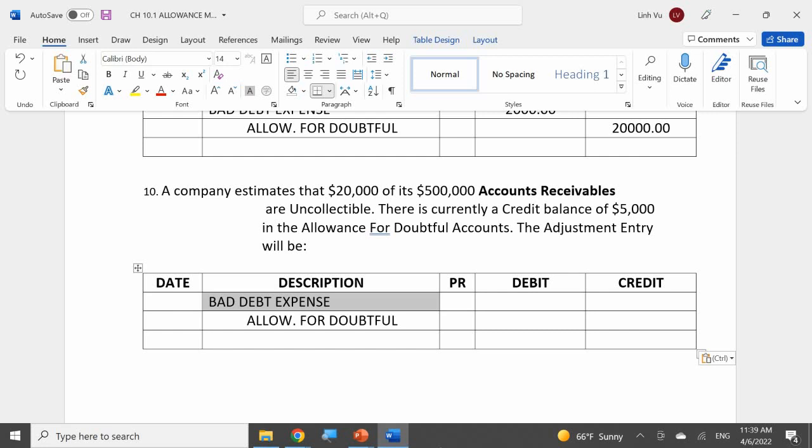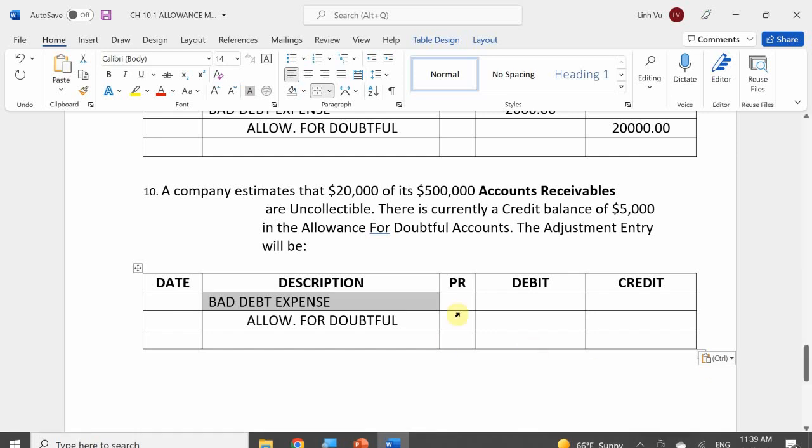Not add. You're already on the right side and you need to be more to the right. So we're going to subtract 5,000 from the 20. Yes, so it'd be 15,000. Excellent. Okay.